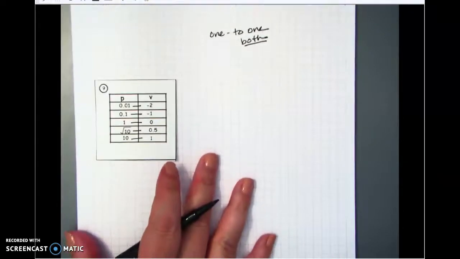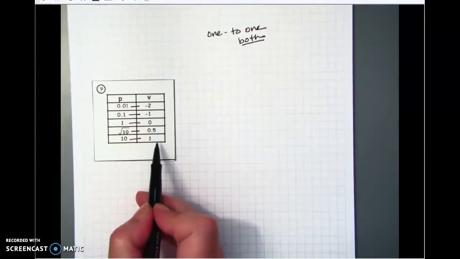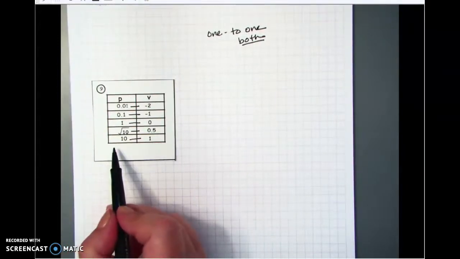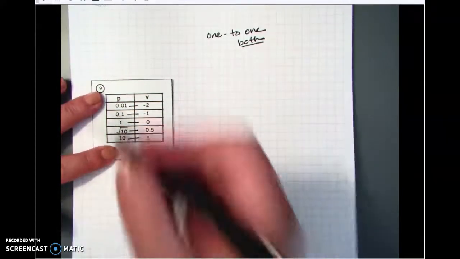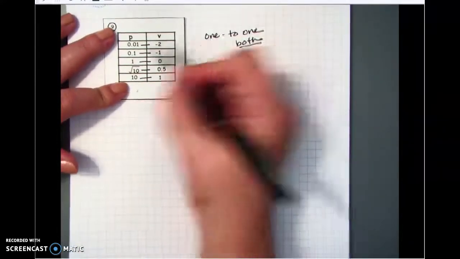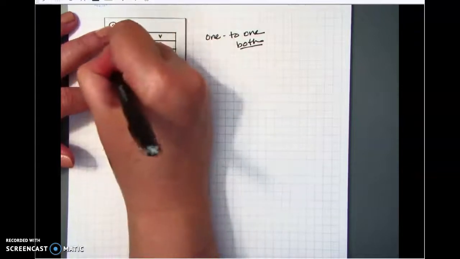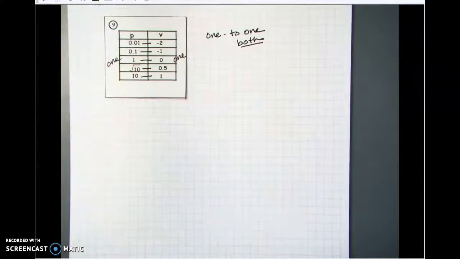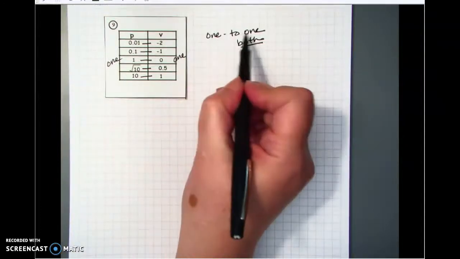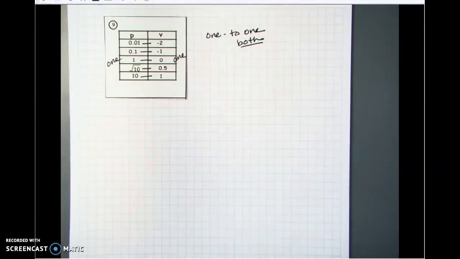So it looks like they're talking about v being an exponent of 10 and p being 10 to the v power, something like that. And so do we see that this is another situation where I've got 1 dot on the left-hand side and I've got 1 dot on the right-hand side, and nothing is getting mapped onto many. So it's another one-to-one situation, which means that it would be a function in either direction.